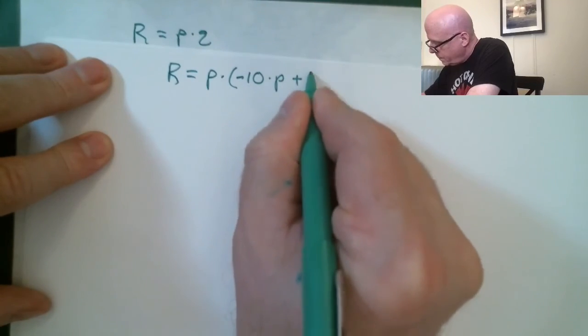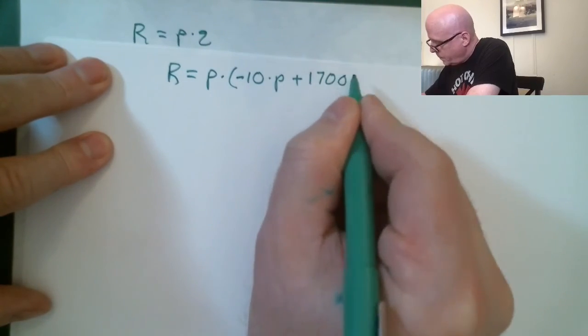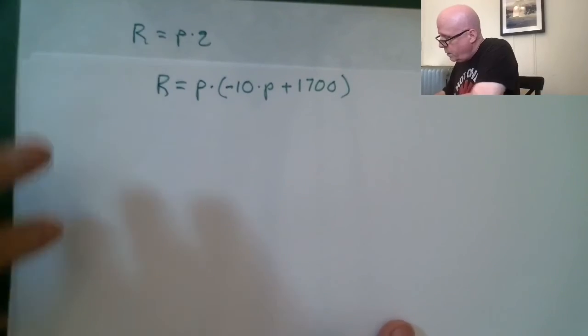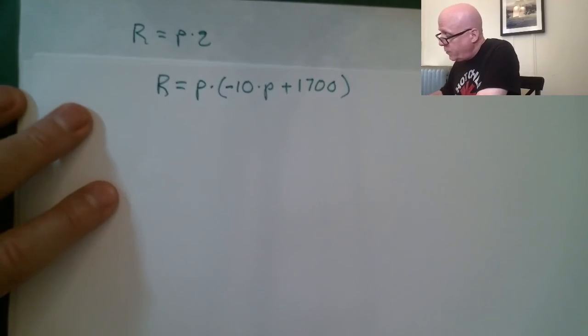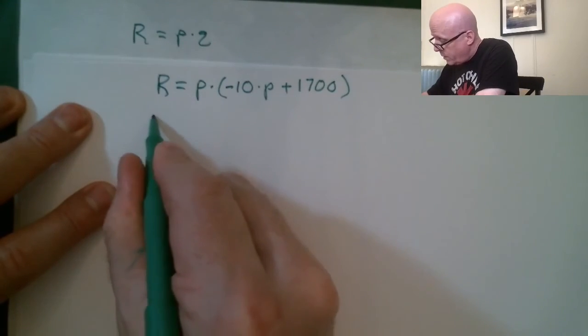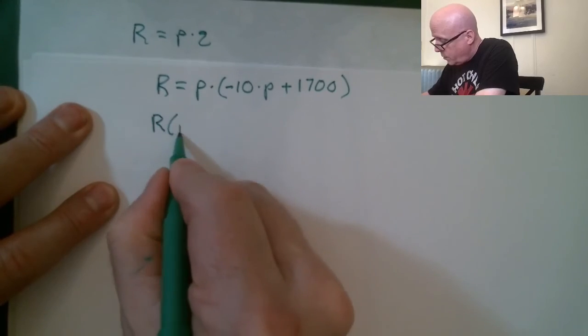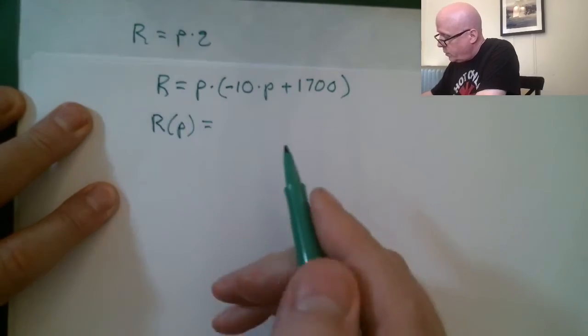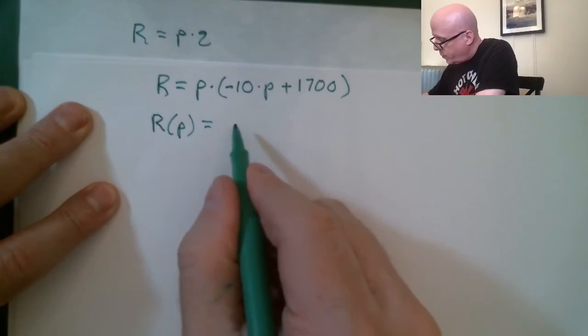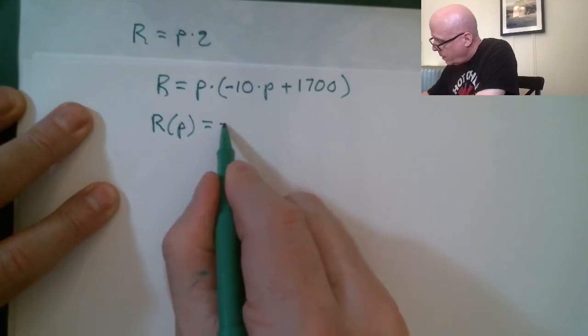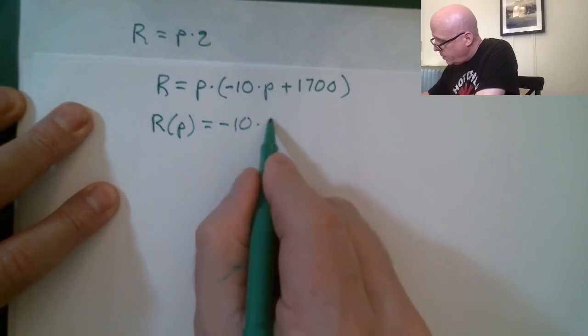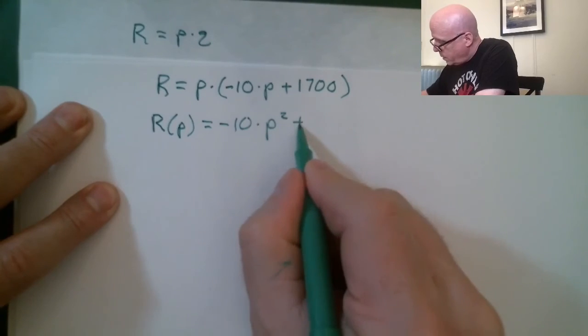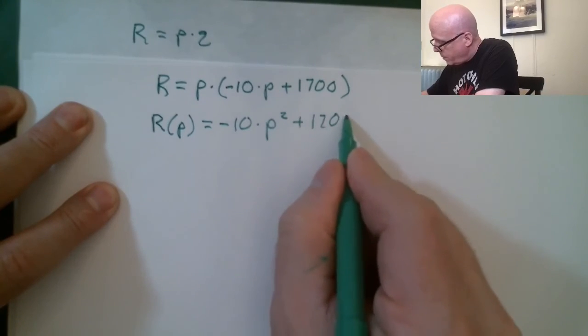And of course, that's an expression that only involves p. So if you want to emphasize that, you can write this as r is a function of p, which is equal to, let's multiply through and make it a little simpler, minus 10 times p squared plus 1700 times p.